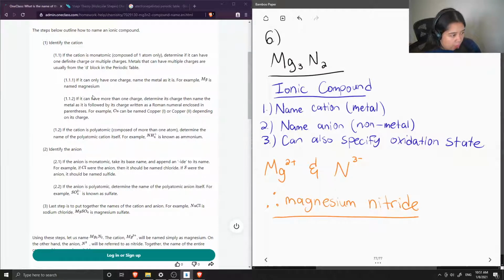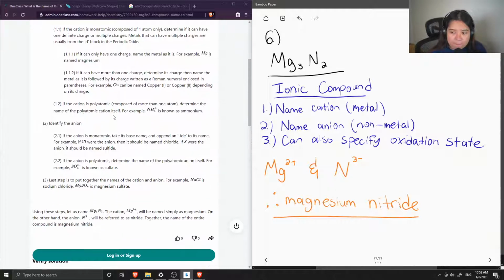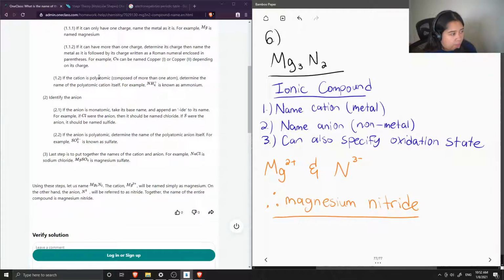If it can have more than one charge, determine its charge, then name the metal as it is, followed by its charge, written as a Roman numeral in parentheses. Or you can use the Greek name, but it's easier to just see the parentheses. And if the cation is polyatomic, composed of more than one atom, determine the name of the polyatomic cation itself. But in our case, it's just magnesium, so we're good.